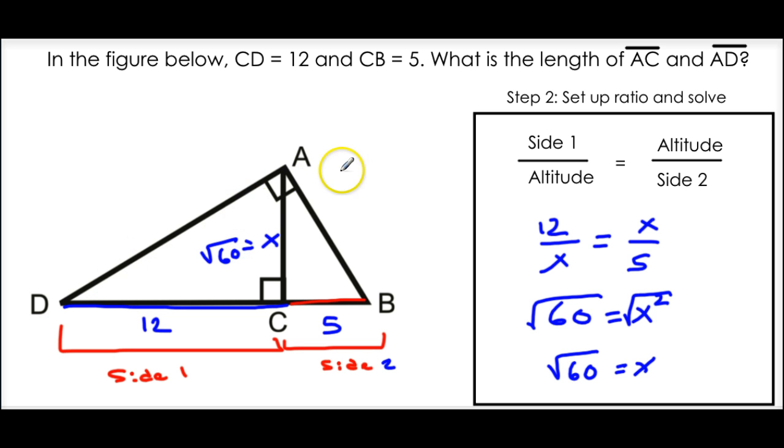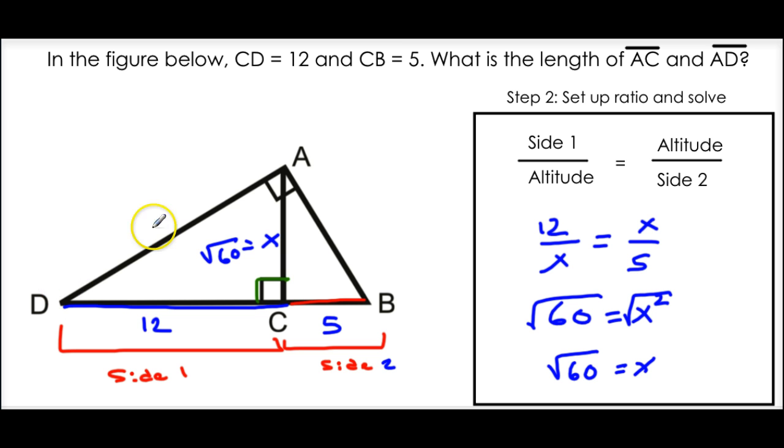But finding AD is a little different. Sometimes you'll have two-step problems like this, where you find the altitude first and then you have to find another side. The way we're going to find AD is to use our old friend, the Pythagorean theorem. Why can we do that? Because we have a 90-degree triangle and we know two of the sides.